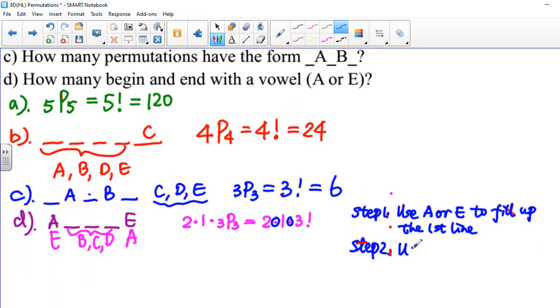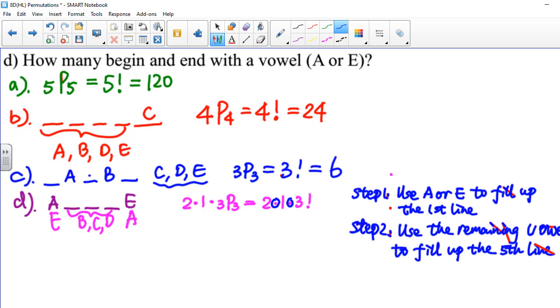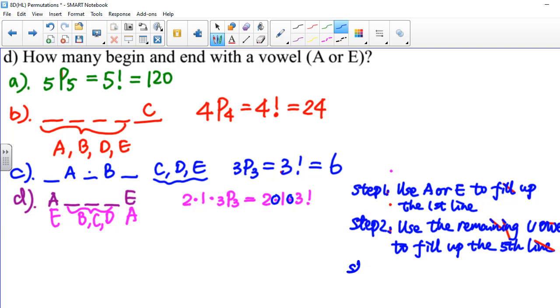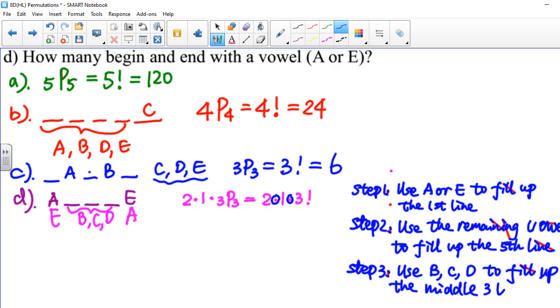Step 2: Use the remaining vowel to fill up the fifth line, the fifth place. Then step 3: Use B, C, D to fill up the middle 3 lines. Since I finished the task in 3 steps, therefore, I multiply the number of ways in each step up.